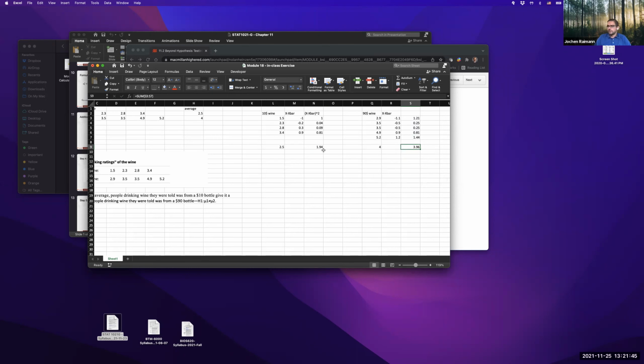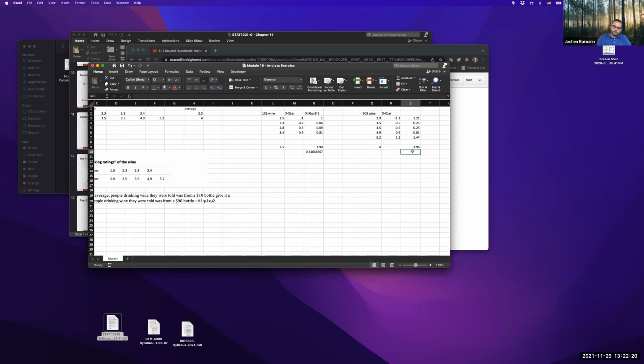For this very reason, we are only working with the variance at this point, not yet the standard deviation. So we divide this by the count of all these entries. Count is a separate function that needs to go in brackets, because we're doing count minus 1, and here we get 0.64.